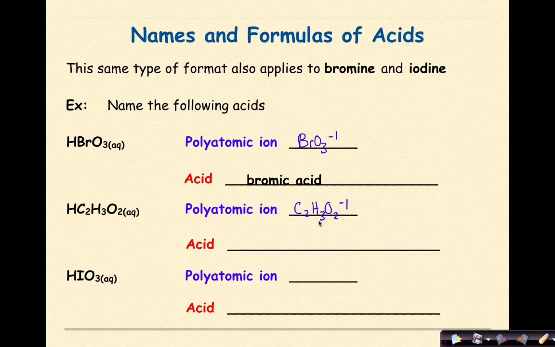So the acetate ion, this is where we start getting into a little bit of the organic acids. So the acid name here is acetic acid. HIO3, the polyatomic ion is going to be IO3 minus 1. And the acid here is going to be iodic acid. So you need to be able to look at the polyatomics and figure out the acid name.